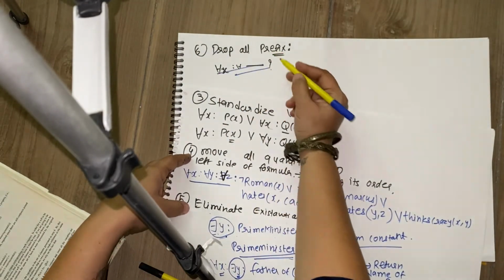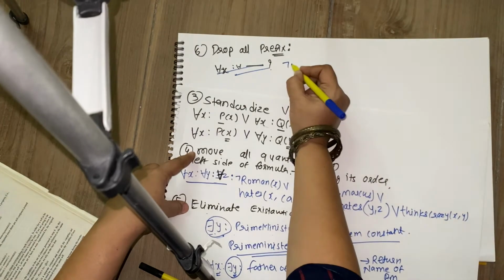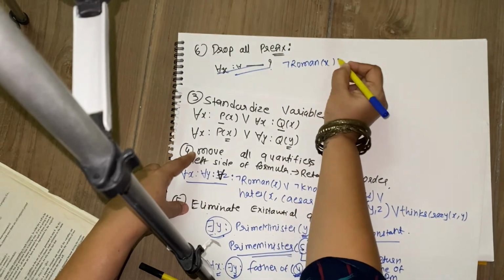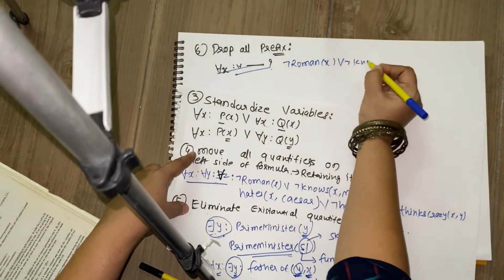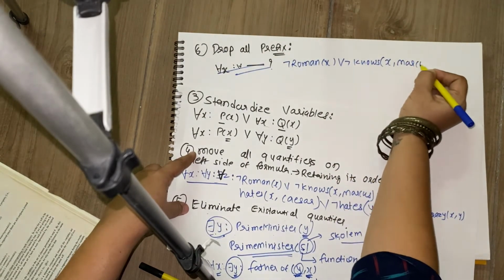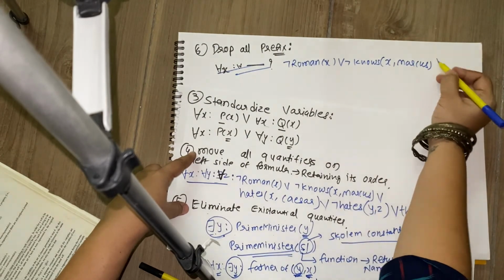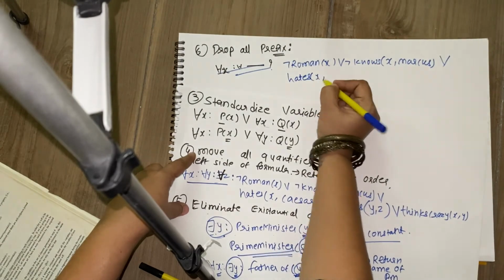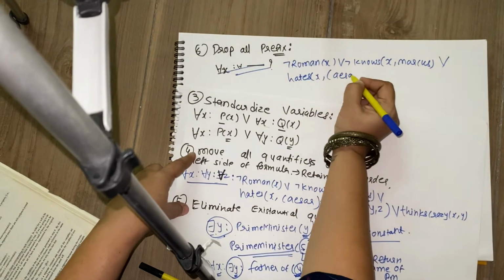When we are dropping all the prefixes, what remains is: not Roman X, or not knows X, Marcus, or hates X, Caesar.